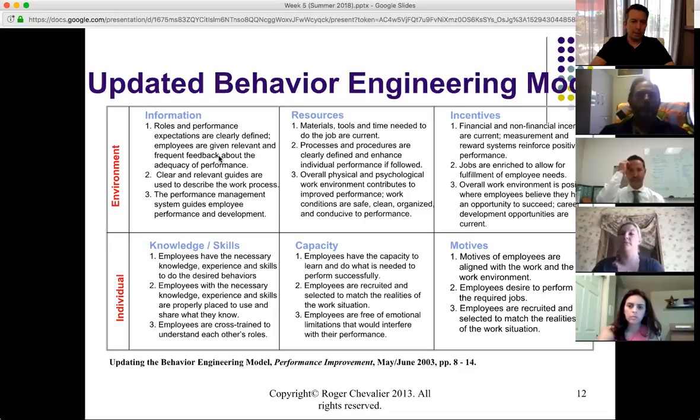So for the environment, for information, that's information that exists outside of the performer. It could be in manuals. It can be in guides. It could also be in some sort of performance management system that the employees follow.